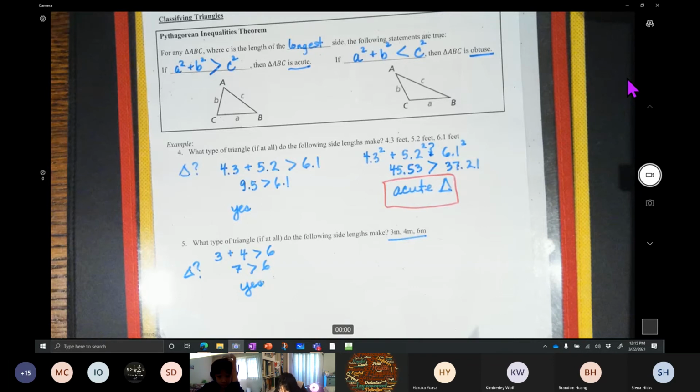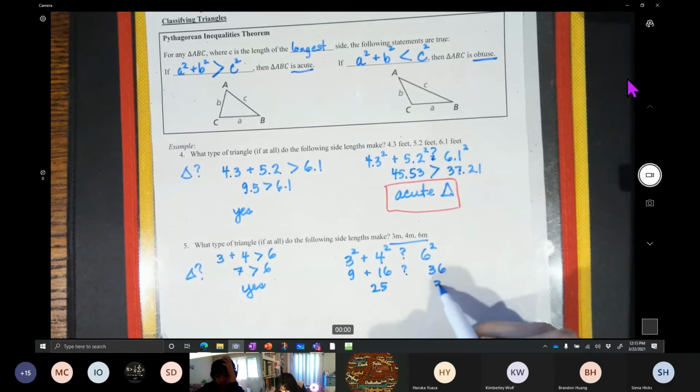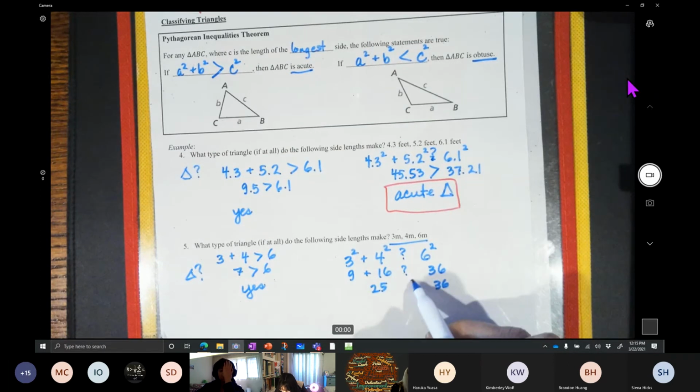And we'll put the question mark in between. So this is 9, this is 16, this is 36. Okay, 36 is larger than, which means here's our c. So this meets this requirement, a squared plus b squared is less than c squared. That means it is an obtuse triangle.